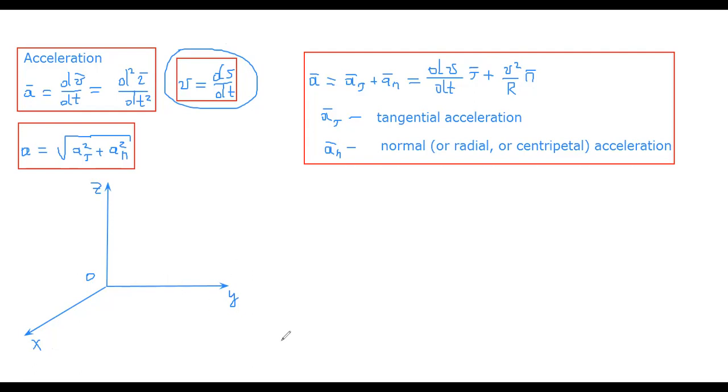And if z is the axis of rotation, different points of the rigid body move around circles.